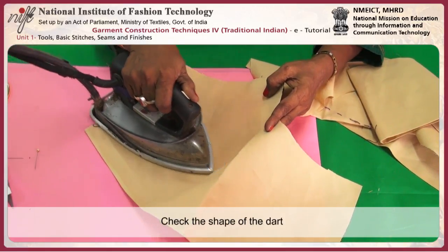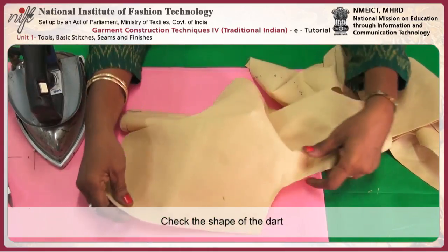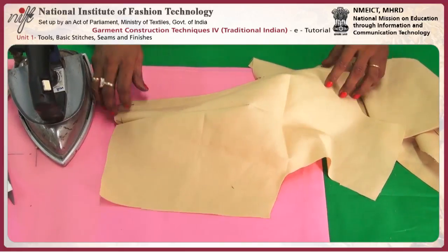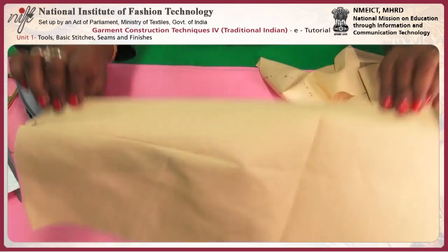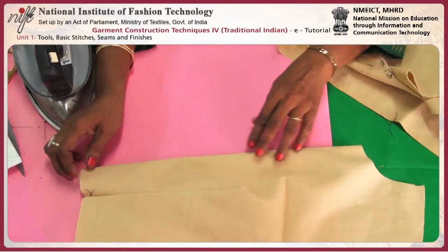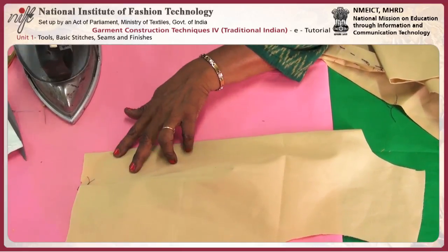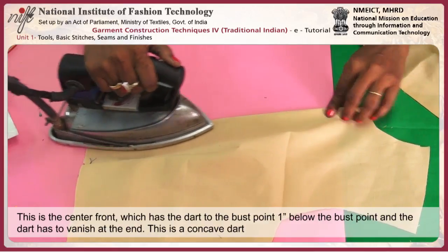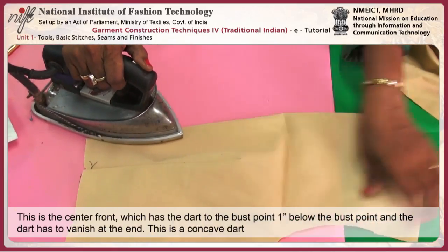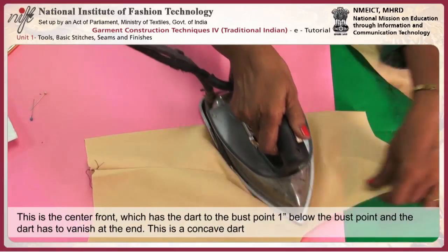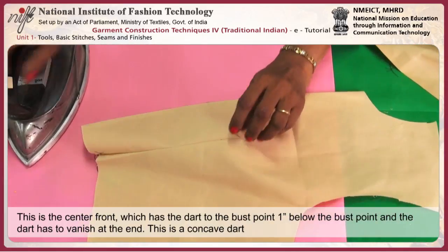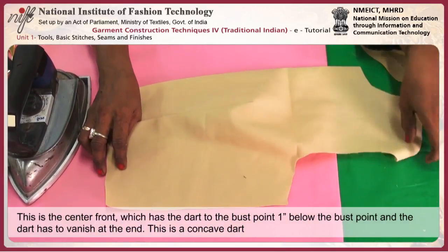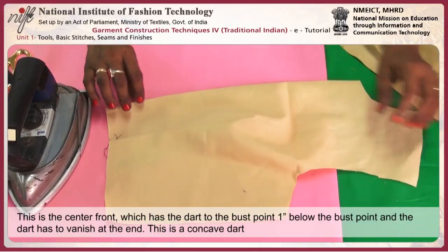It has to vanish on a point, and you may check the shape of the dart. And this is the center front, which has the dart to the bust point, 1 inch below the bust point, and the dart has to vanish at the end, and it is a concave dart.